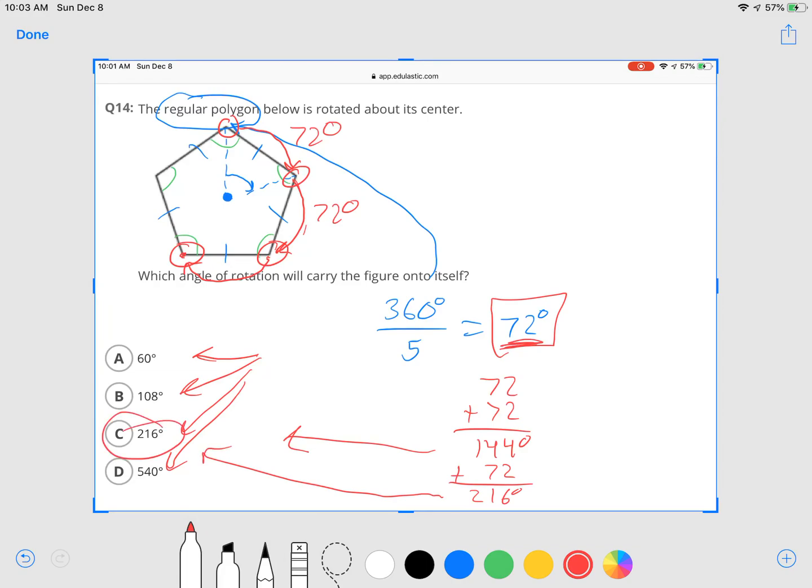It's option C. The little bit of confusion here is that people are used to just doing this formula, getting the minimum amount of rotation, and then stopping. But that's just the minimum amount. Every time you do the minimum amount, the polygon lands back on top of itself.